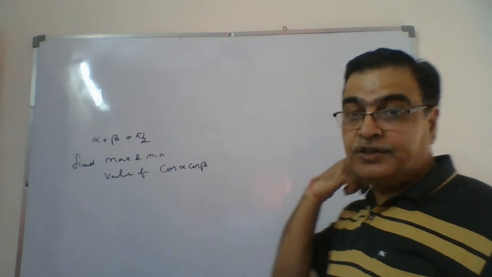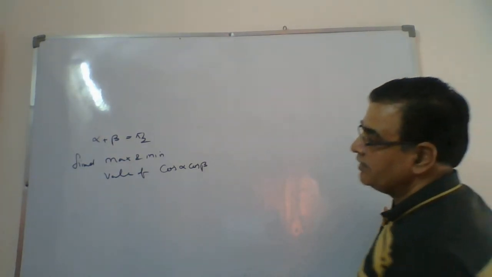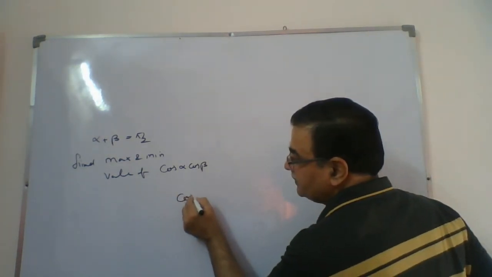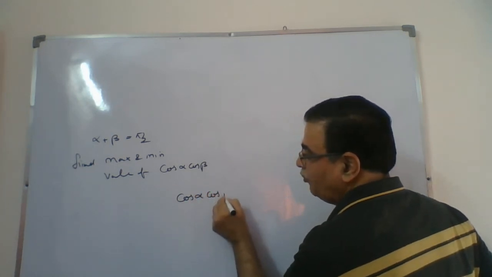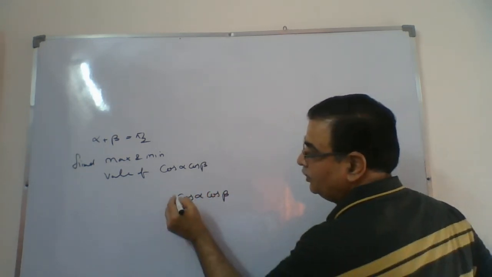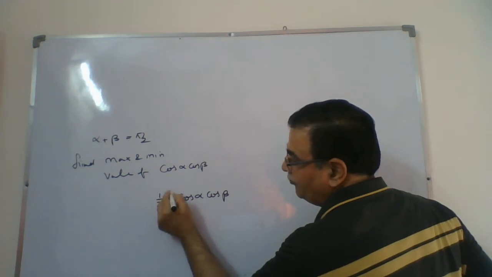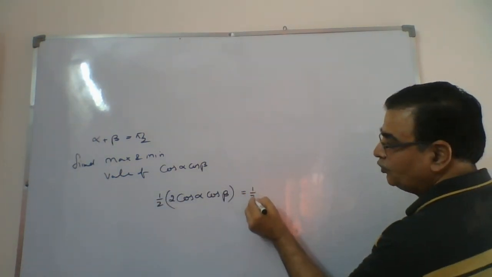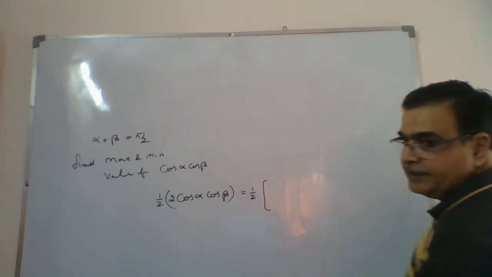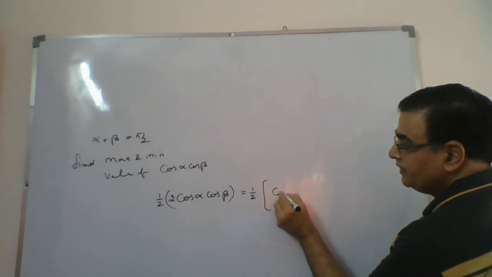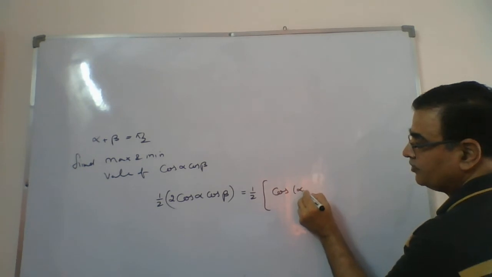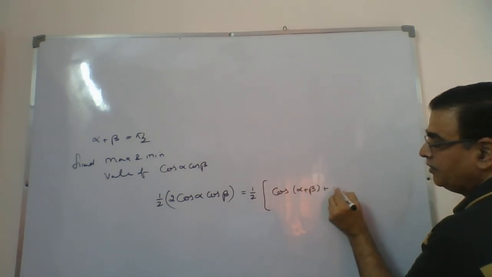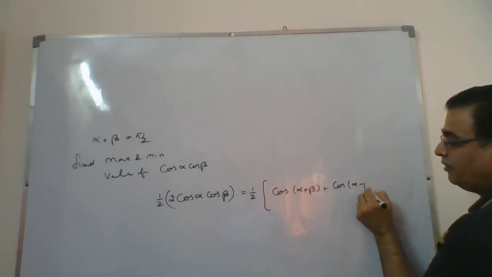So when we go for this question, first we start with cos alpha cos beta. Multiply by 2 and divide by 2, which gives half of 2 cos A cos B. The formula says cos(A plus B) plus cos(A minus B). So that is half of cos(alpha plus beta) plus cos(alpha minus beta).